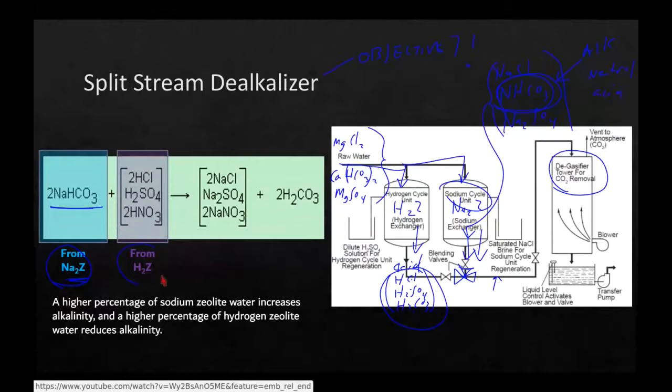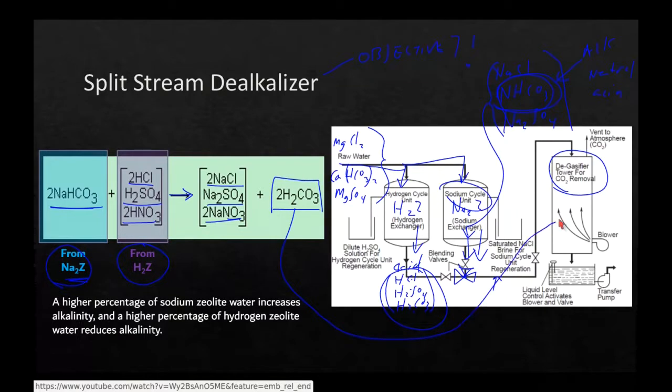This is what's coming out of the hydrogen zeolite: hydrogen chloride, sulfuric acid, and they're showing nitric acid too. When you combine both of those flows, we get sodium chloride, sodium sulfate, and sodium nitrate. And then the other thing that we get coming out is carbonic acid.